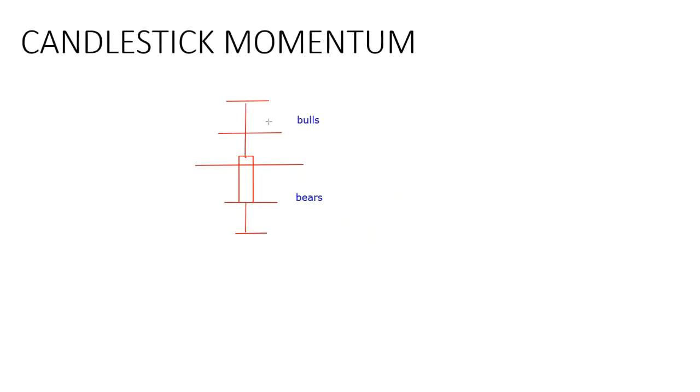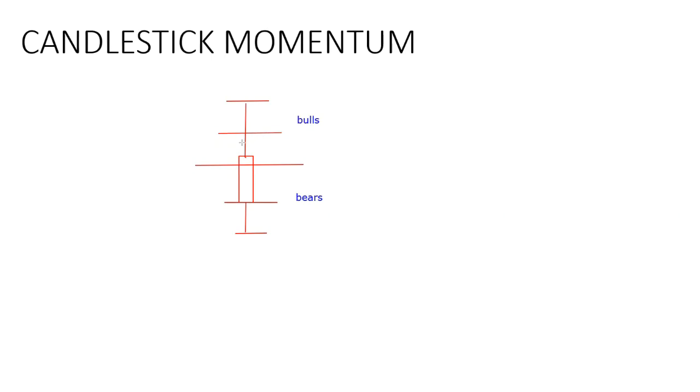The price closed as a strong bull candlestick. It doesn't matter what color it is, whether it's a red one or a green one. If price happened to close above the half of the candlestick, it shows that it's in bulls.